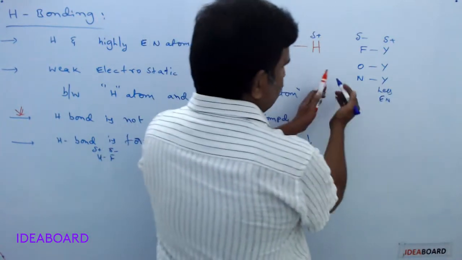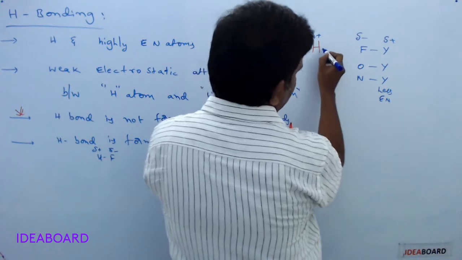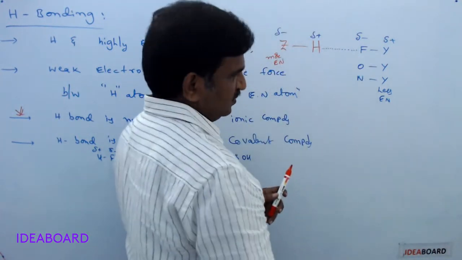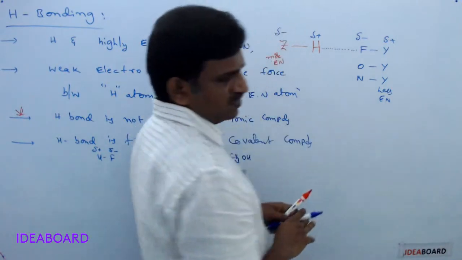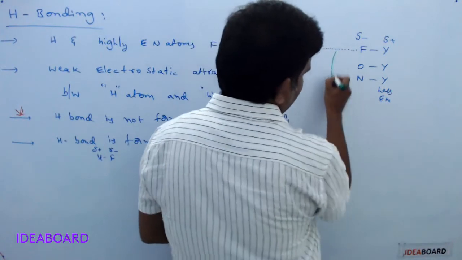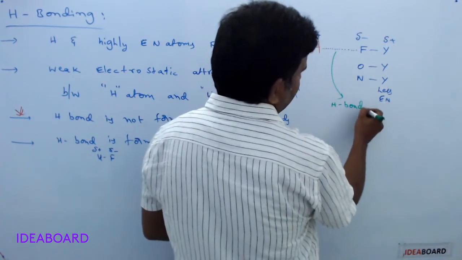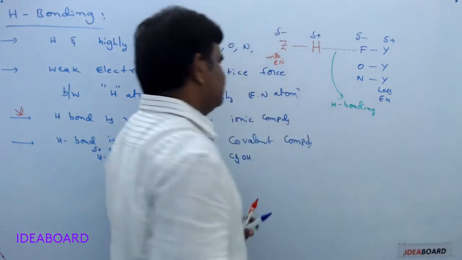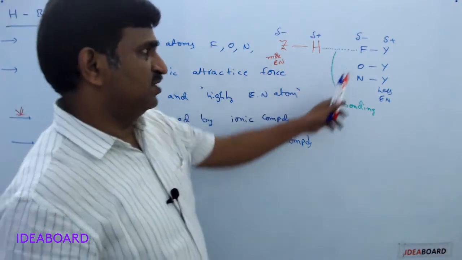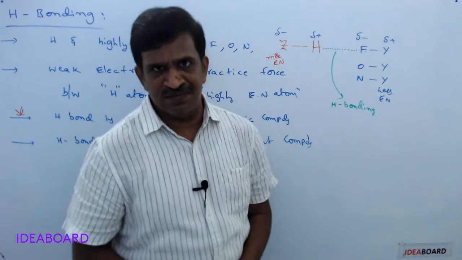In between hydrogen and fluorine or oxygen or nitrogen, there is a weak attractive force. This weak attractive force is called hydrogen bonding. Remember that this is very, very important: a hydrogen bonded to a more electronegative atom.